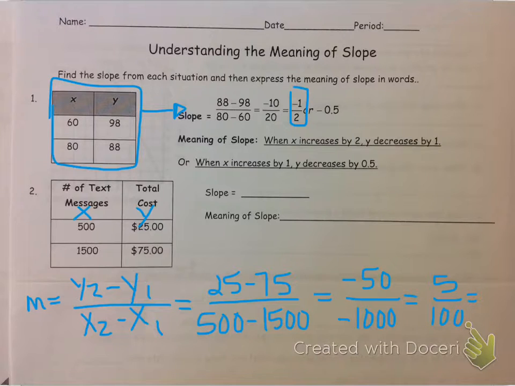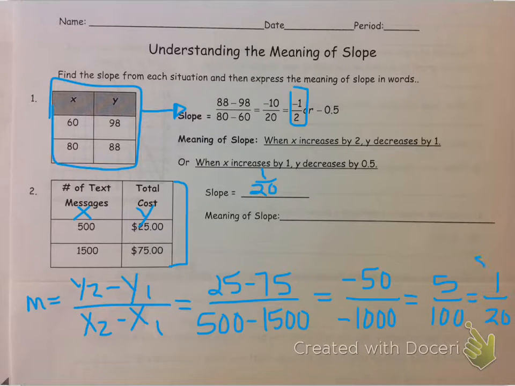But let's go one more. So 1 over 20. So let's see, our slope is 1 over 20, and the meaning of this slope, what does this mean in real life? Well, our y value, which is on the top, is the total cost.